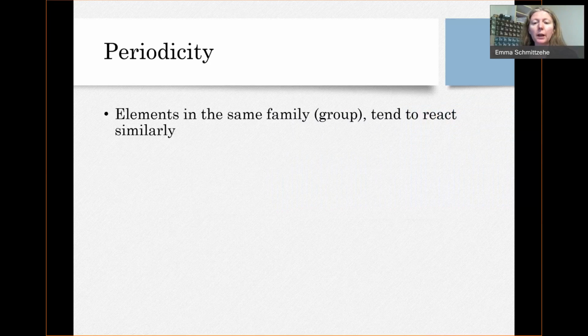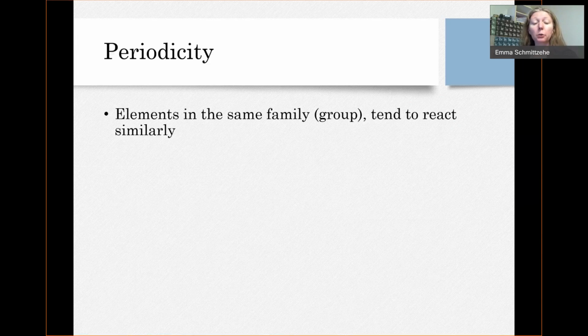And so that's basically that elements in the same family or the same group on the periodic table tend to react similarly. Okay, so you could try to figure out what other like elements do in the same scenario.